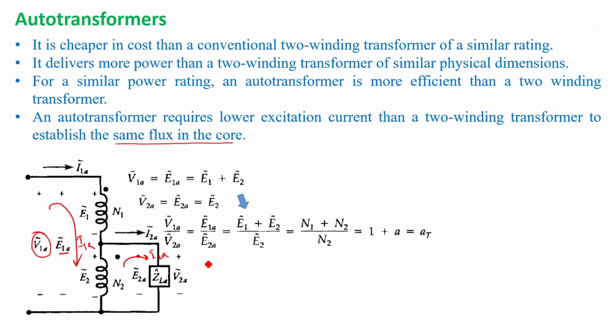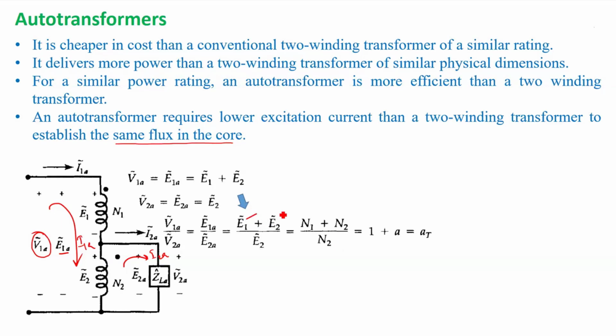From these two equations, the ratio of V1A to V2A will be equal to E1A by E2A, that is E1 plus E2 by E2. So that will give me N1 plus N2 by N2, right?